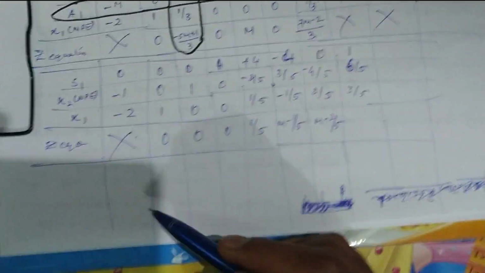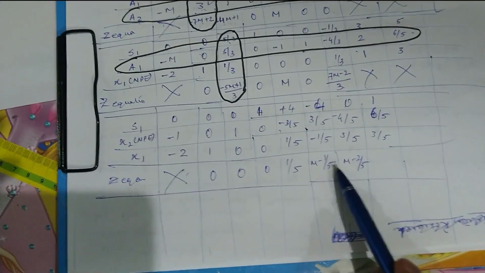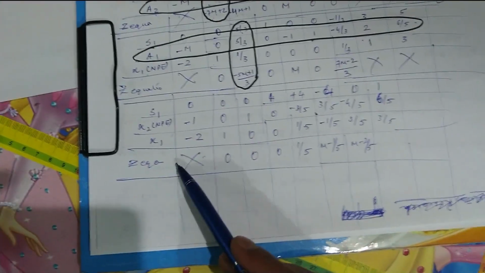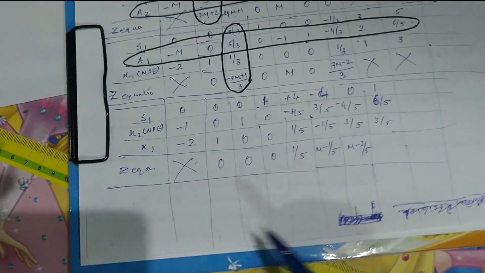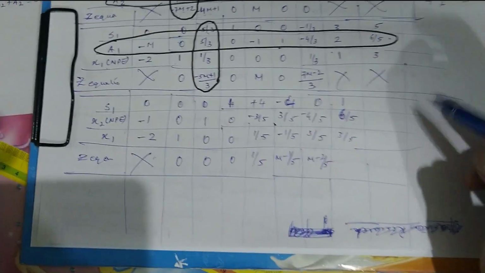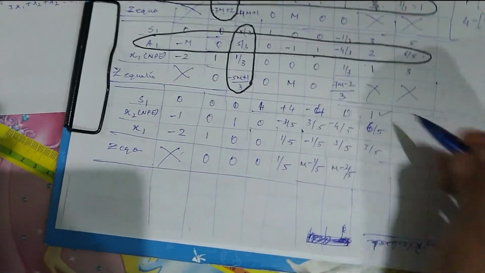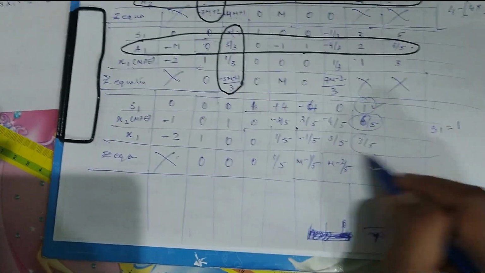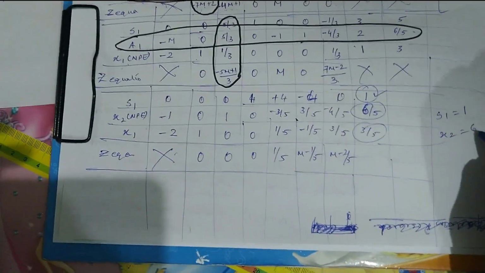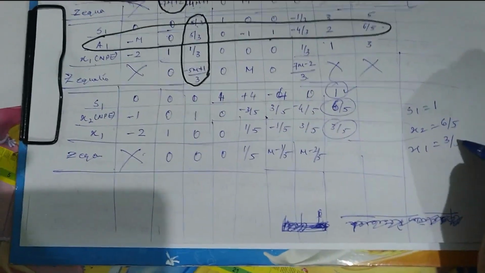Now since the z equation values here, all of them, are positive, that is 0, 0, 0, 1 by 5, M minus 1 by 5, M minus 2 by 5, since there are no negative values in the z equation elements, we have reached the solution stage, and the solutions are s1 is equal to 1, that is the RHS, x2 is equal to 6 by 5, and x1 is equal to 3 by 5.